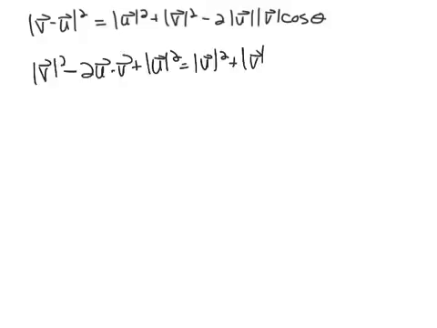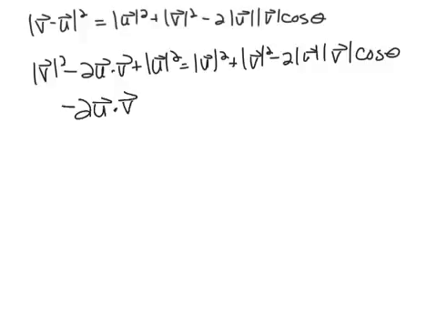Let me write all that out: minus 2 times the magnitude of u times the magnitude of v times the cosine of theta. If you look at this, you'll see that the magnitude of v squared drops out, and the magnitude of u squared drops out. Here's what I'm left with: negative 2 u dot v is equal to negative 2 times the magnitude of u times the magnitude of v times the cosine of theta.